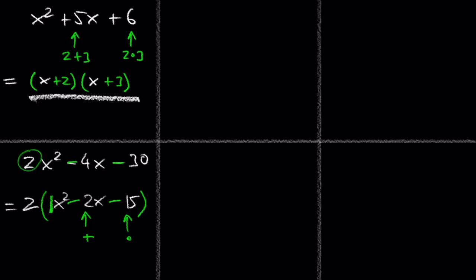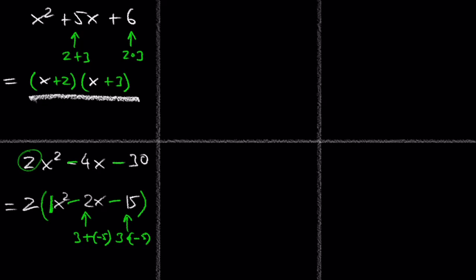Feel free to pause the video and try to find these two numbers. These two numbers are 3 and negative 5. Three times negative 5 is negative 15, and 3 minus 5 is negative 2.